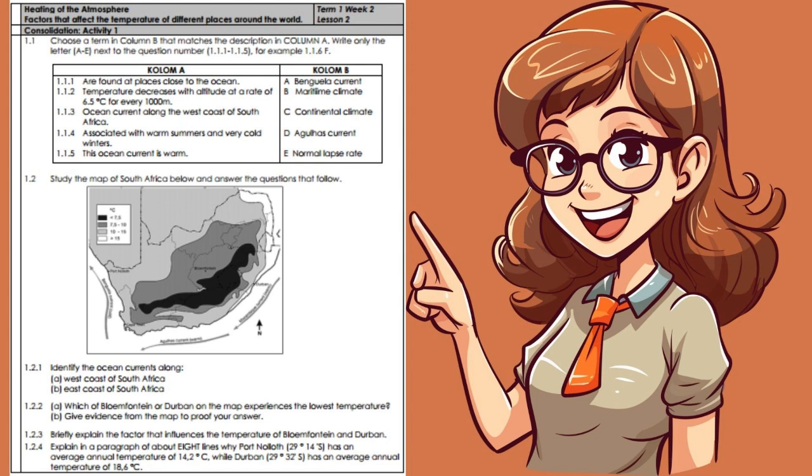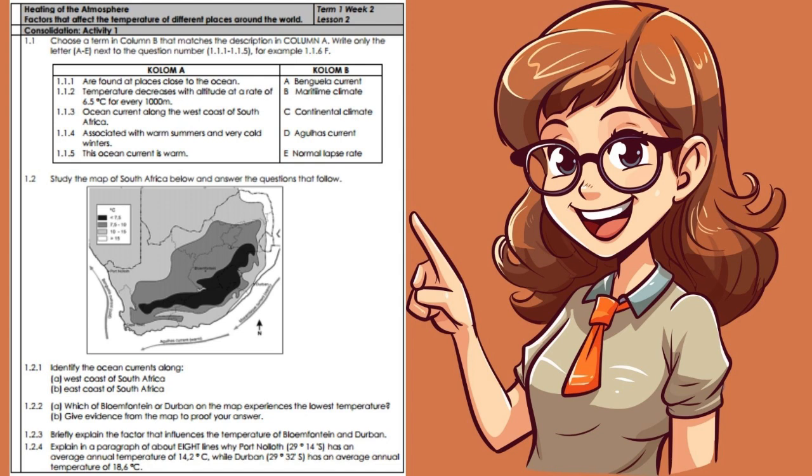1.2 Study the map of South Africa below and answer the questions that follow. 1.2.1 Identify the ocean currents along A, the west coast of South Africa, and B, the east coast of South Africa. 1.2.2 A. Which of Bloemfontein or Durban on the map experiences the lowest temperature?